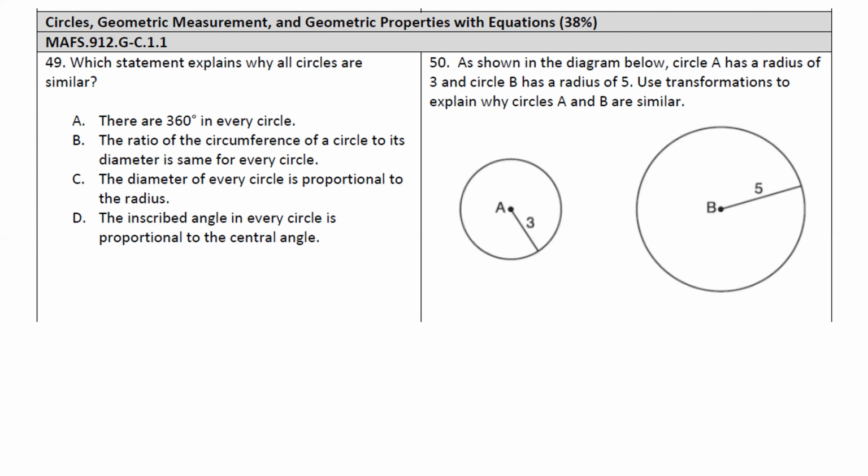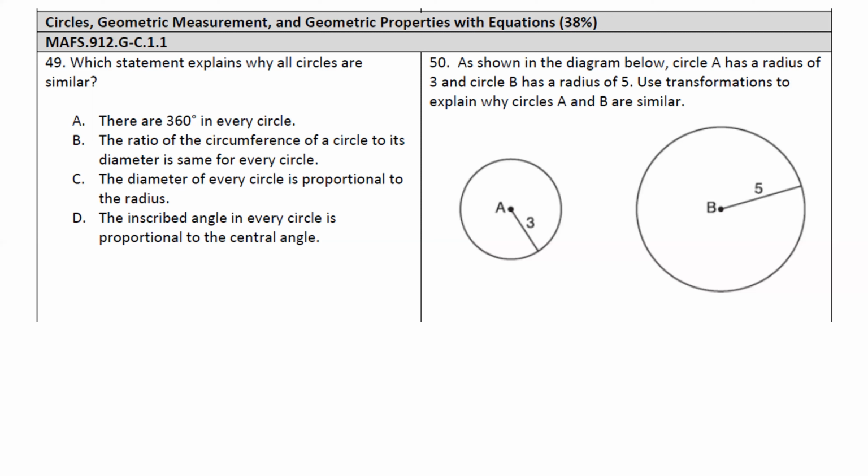That's true. D, the inscribed angle in every circle is proportional to the central angle. That would also be true. So every single one of those is a true statement. Again, which one is a statement that explains why all circles are similar? What you got? Which one? It is not D. Oh, you said B? Sorry. I thought so, it is B.